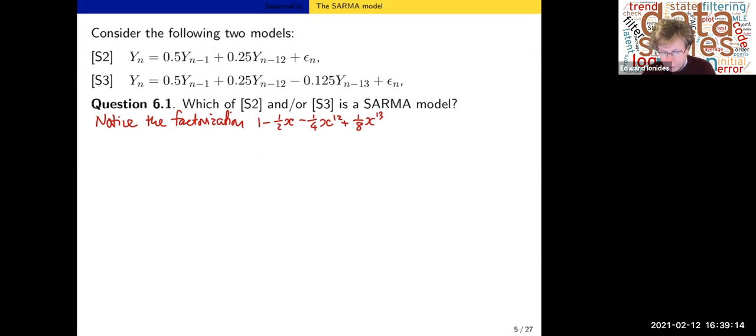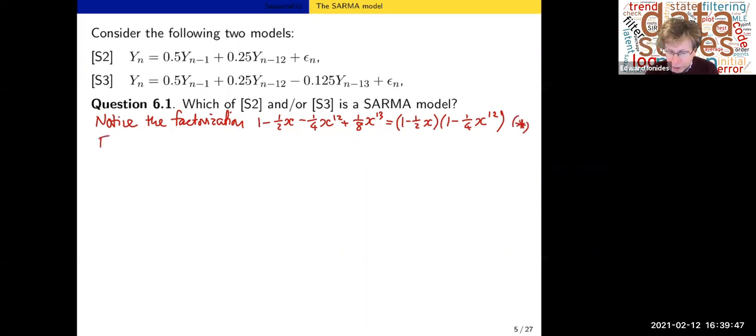And we can notice that that is 1 minus a half x times 1 minus a quarter x to the 12. Taking a factor of 1 minus a half x out, the extra product term that comes out at the end is plus 1/8 x to the 13. So we're good. And I'll call this star.